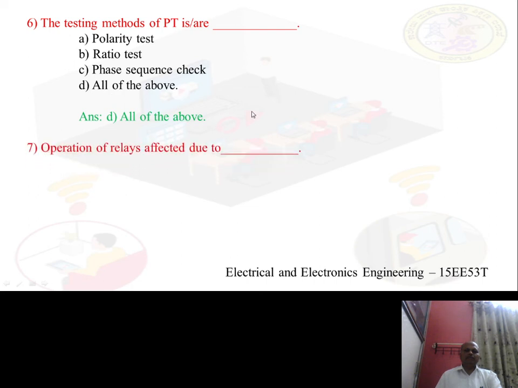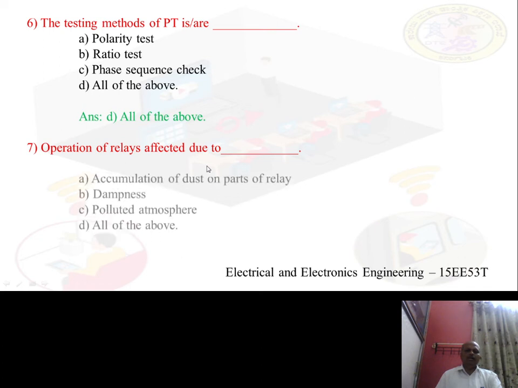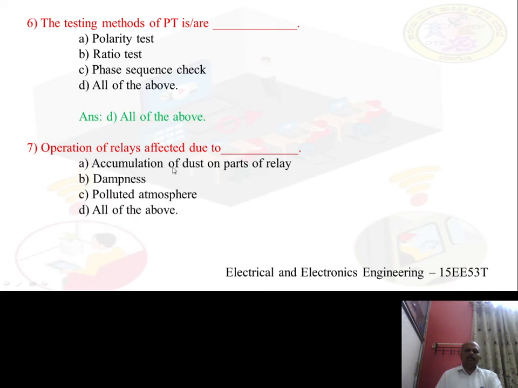Question number 7. Operation of relays is affected due to dash. Your options are A. Accumulation of dust on parts of the relay, B. Dampness, C. Polluted atmosphere, D. All of the above.